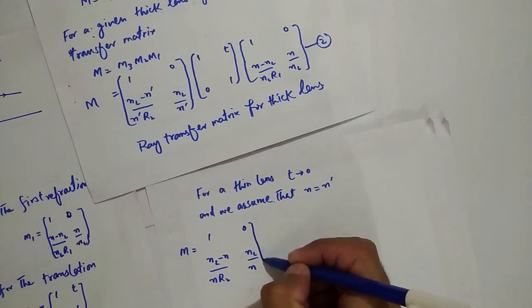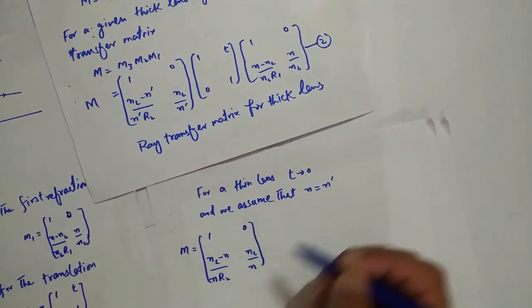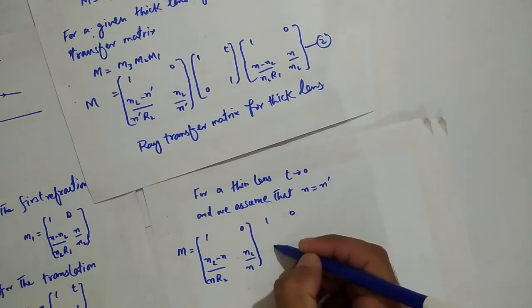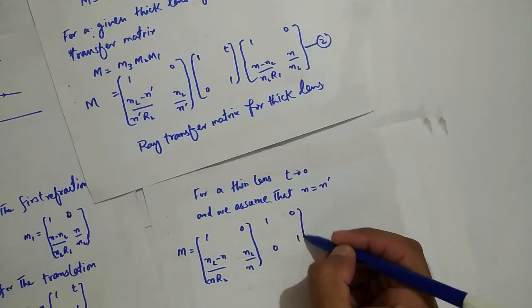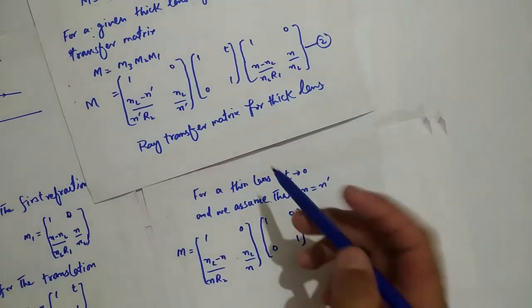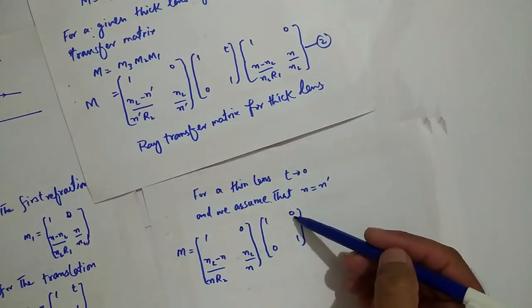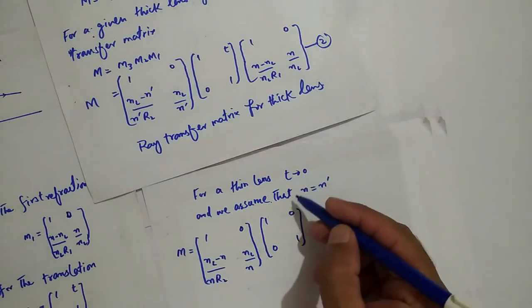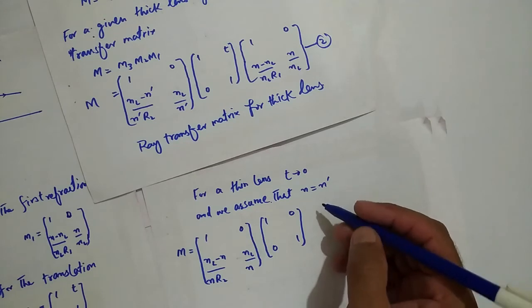This is M3. Now for the translation, 1, 0, 0, 1. Here I have replaced T by 0 because for a thin lens the thickness is negligible. So here T tends to 0.